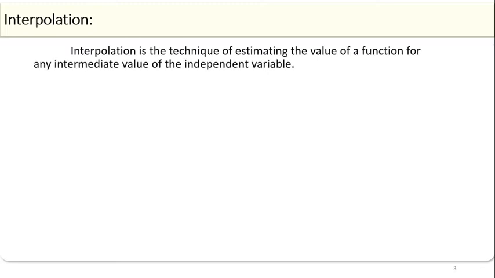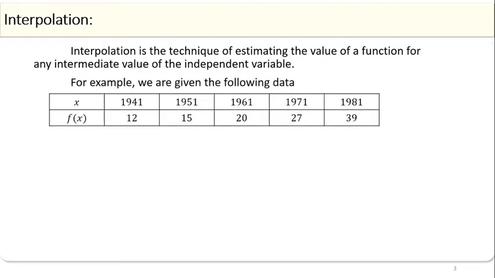Interpolation. Interpolation is the technique of estimating the value of a function for any intermediate value of the independent variable. For example, consider a table of values of x versus values of f of x. Here the values of x are 1941, 1951, 1961, 1971 and 1981, and the corresponding values of f of x are 12, 15, 20, 27 and 39 respectively.